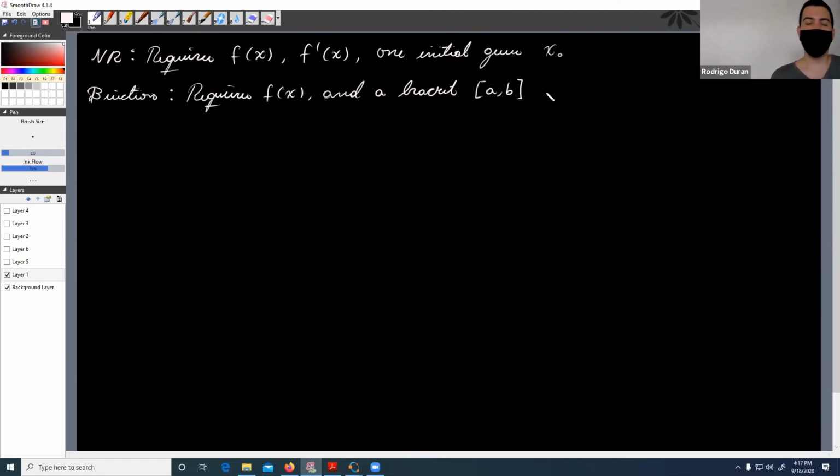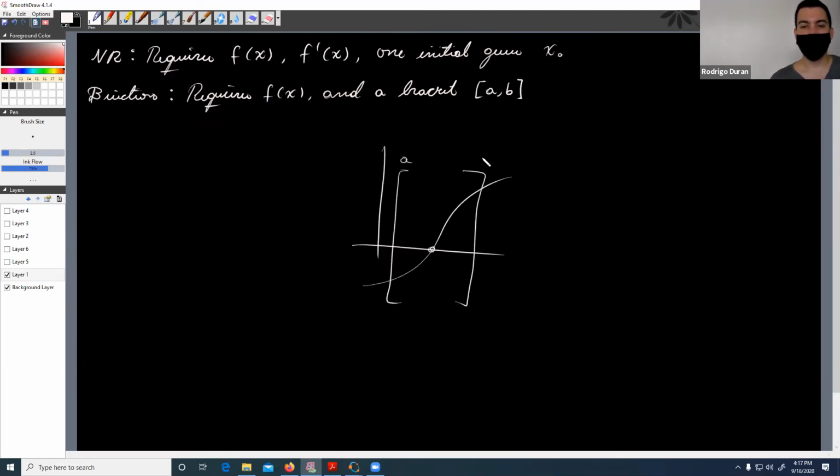There's 2 of them, but we primarily refer to them as a bracket, which means if I have something like this and an equation and I know the root is here, I'm going to bracket this. This will be A, this will be B, and bisection is kind of like doing a cut in the middle. Like the point C is equal to A plus B divided by 2. So I cut it in the middle, and then I ask, okay, is this changing sign?